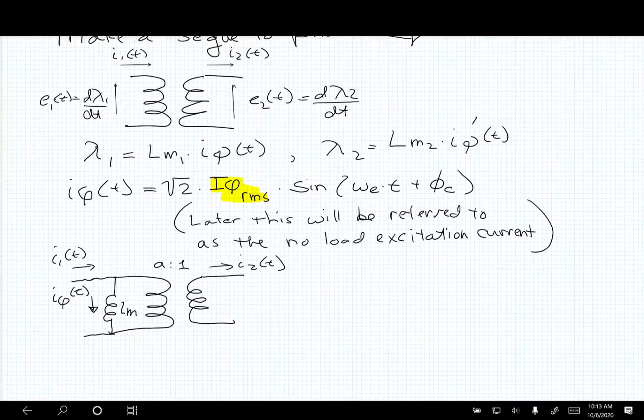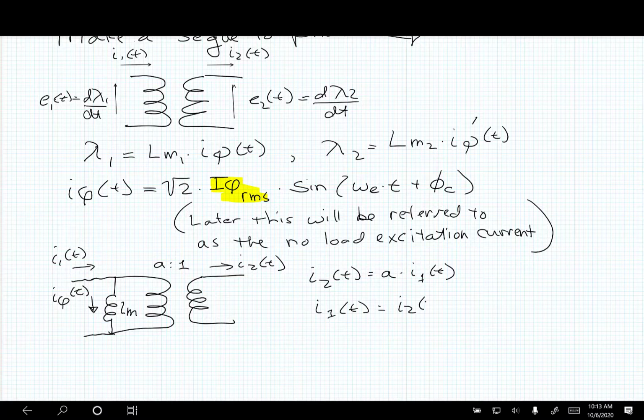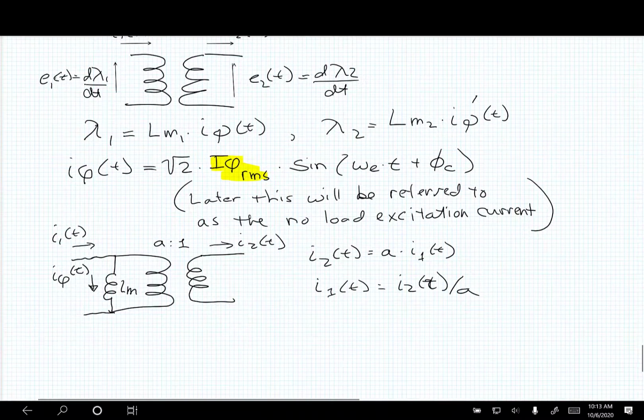Remember that we said that I2 of t is equal to A times I1 of t. I can also say that I1 of t is equal to I2 of t divided by the turns ratio.